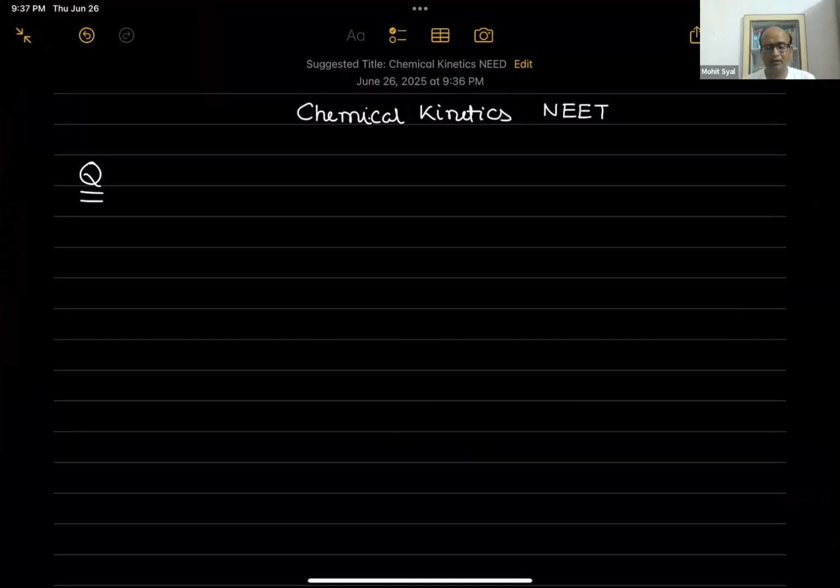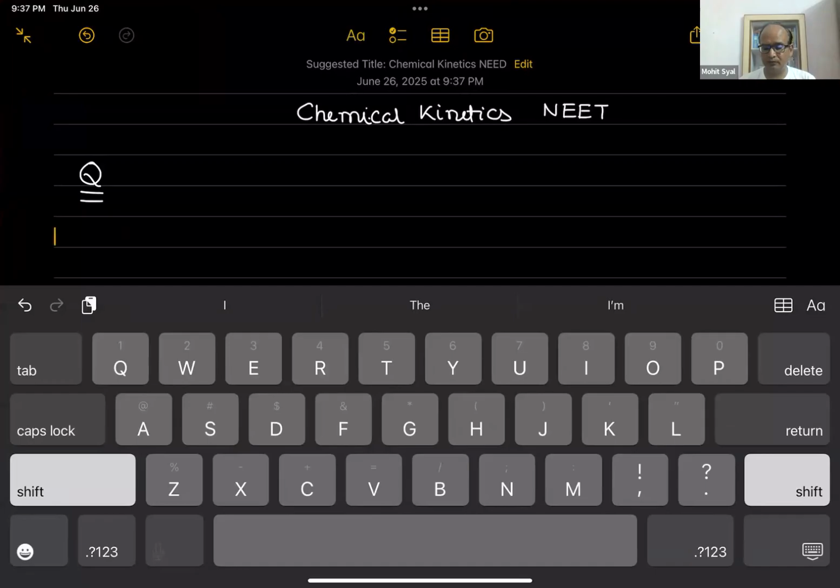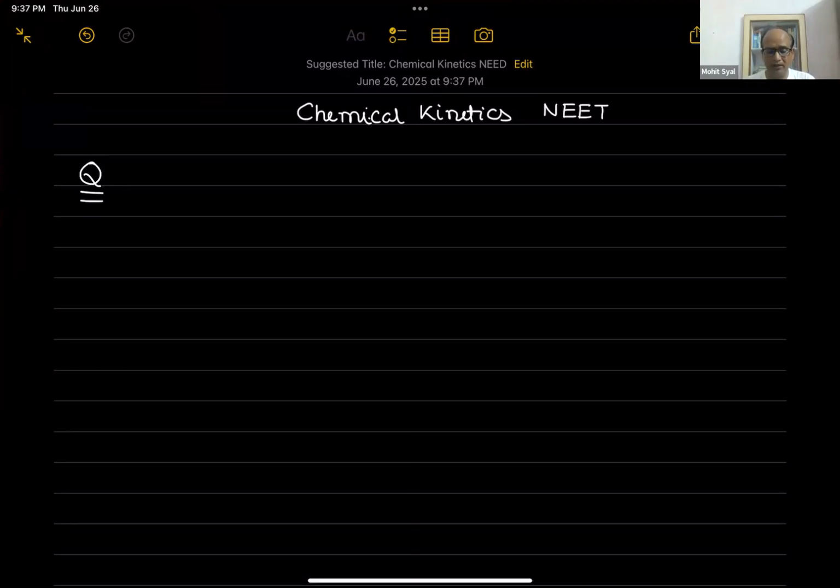So let me give a question. This is a graphical question, but very easy. The NCERT also talks about graphical questions. This is the concentration of the reactant R in mole per liter.